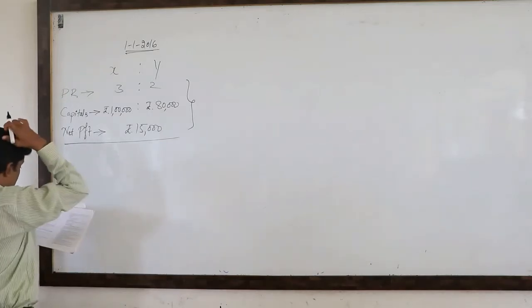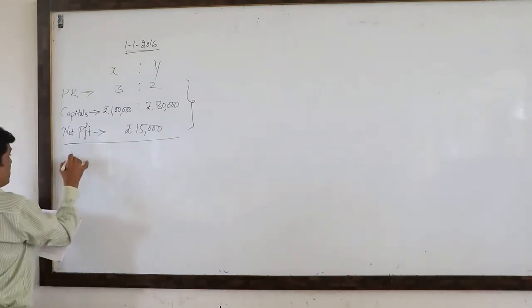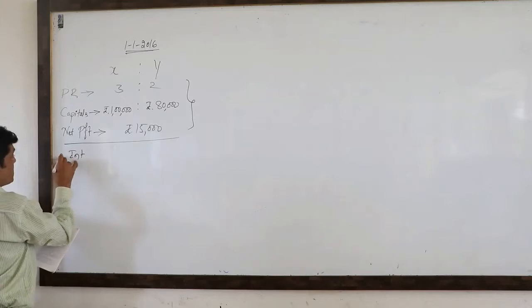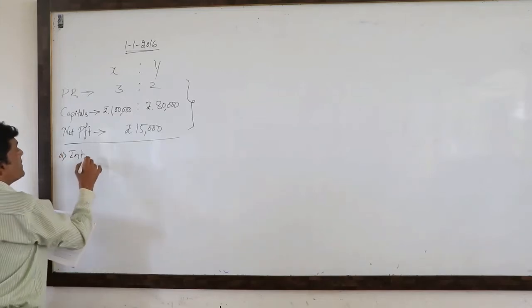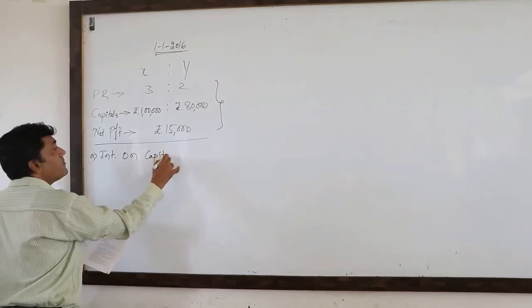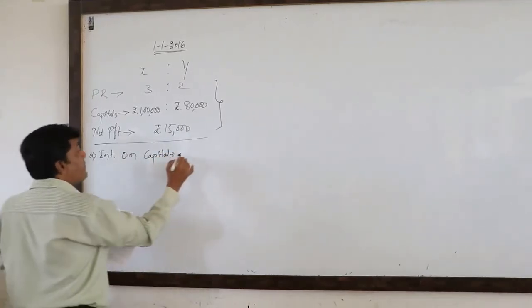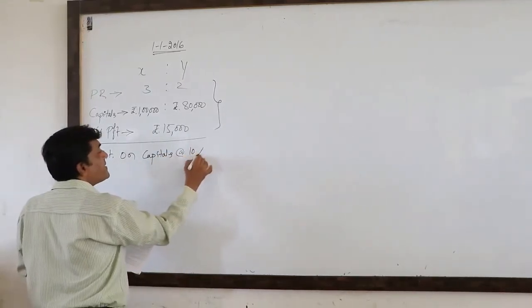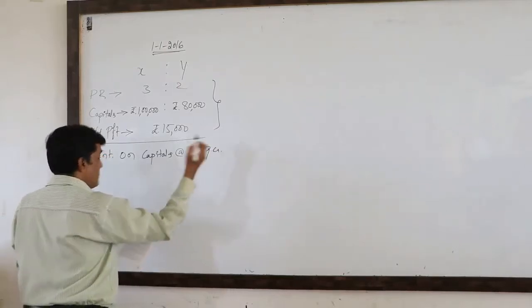Point number A, interest on capitals at 10% per annum. Very simple problem it is.